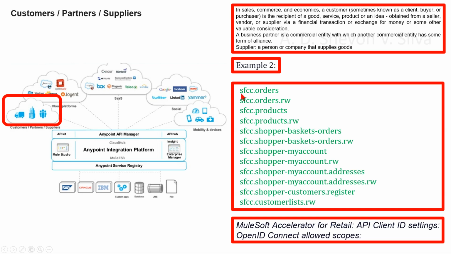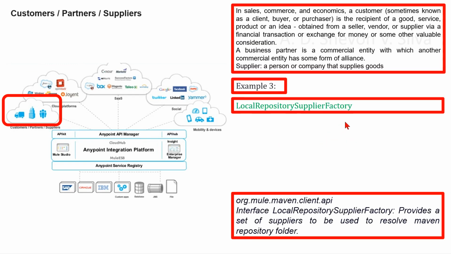You can see sfcc.orders, sfcc.customerlists.rw, etc. As an example 3, we can consider interface local repository supplier factory in org.mule.my1.client.api. This provides a set of suppliers to be used to resolve Maven repository folder.